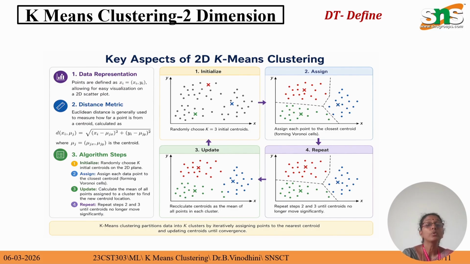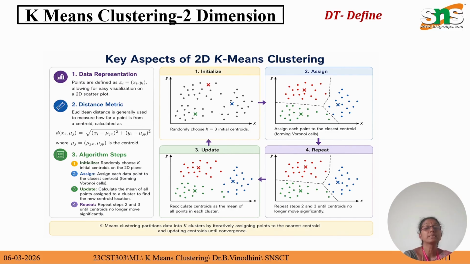What is the Euclidean distance formula? The distance of (x1, y1) is equal to the root of (x1 minus x) whole squared plus (y1 minus y) whole squared. Based upon the formula, we calculate the distance between the centroid value and the data points of x comma y regions.